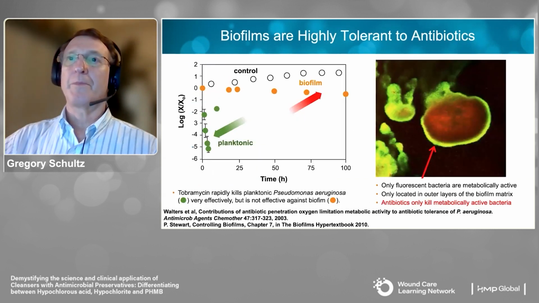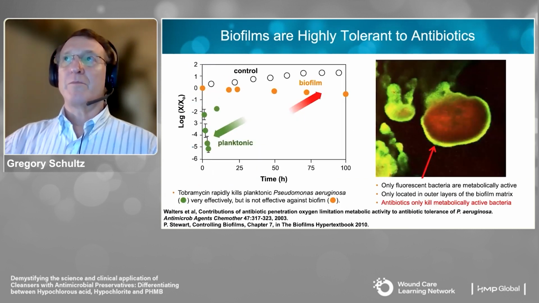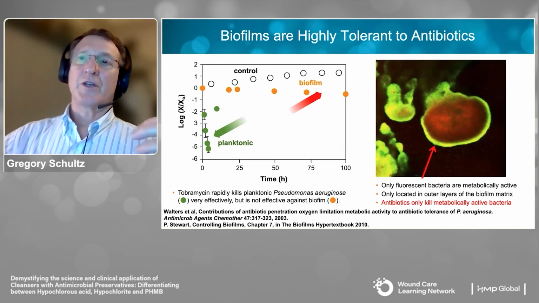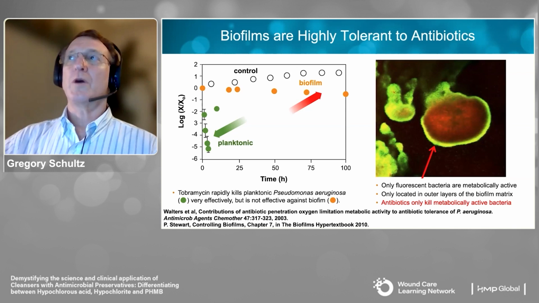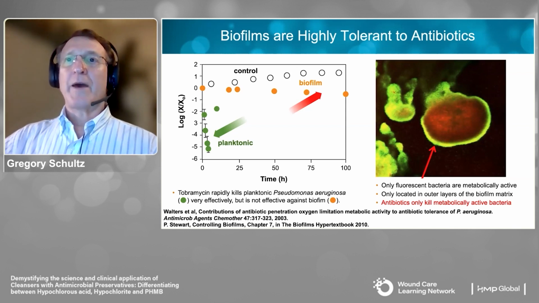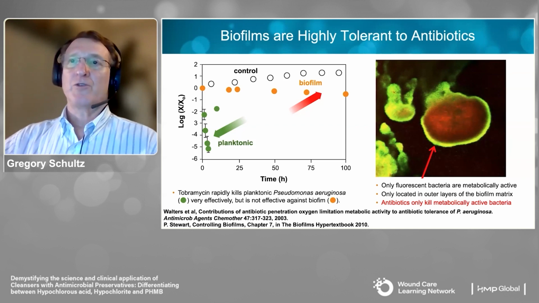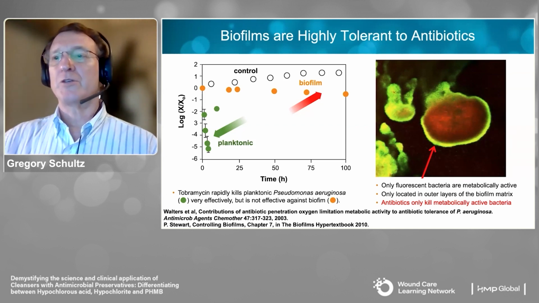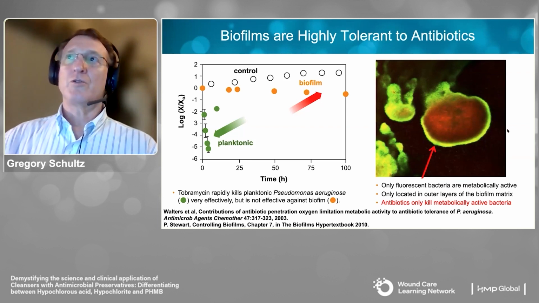I showed you that biofilms can have significant tolerance to antibiotics, and these are the data that support that. In the left panel, when we grow typical rapidly metabolizing, proliferating planktonic Pseudomonas aeruginosa and expose them to high concentrations of tobramycin, after about 4 hours all of the planktonic bacteria are killed.